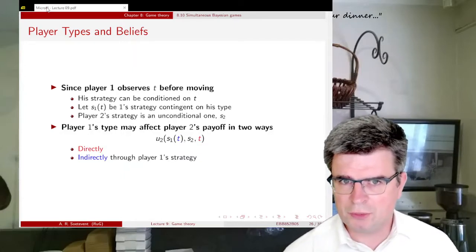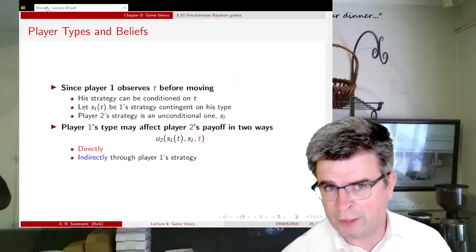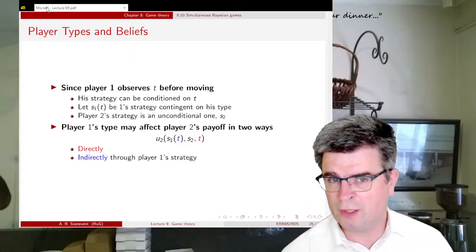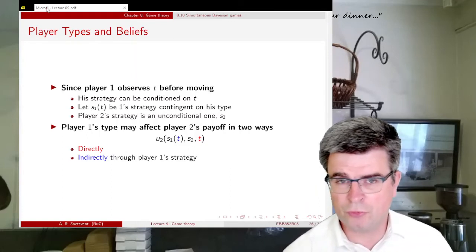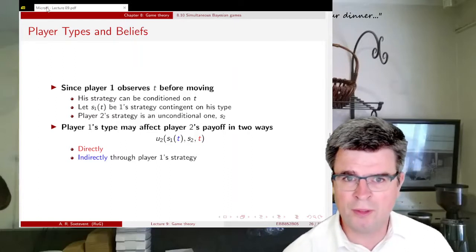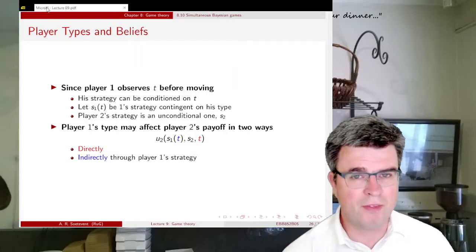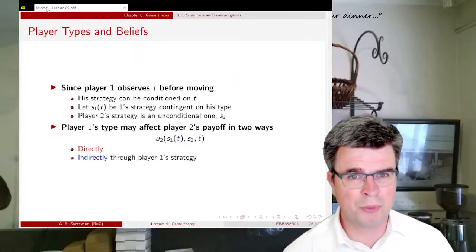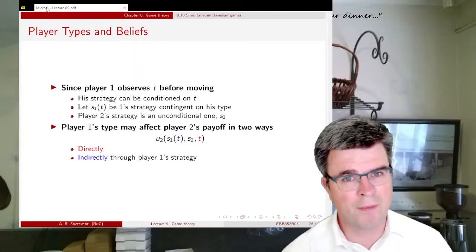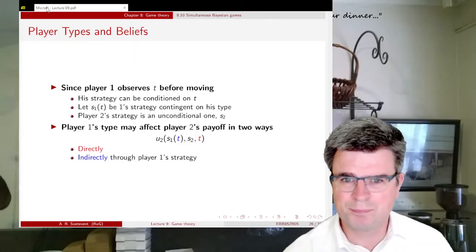This is also the situation where I, as an instructor, need to find out whether students cheat. I don't observe whether a student is of the cheating type or not, but I do have some idea of the probabilities, saying, for example, that maybe 10% of all students are of the cheating type and 90% are of the sound non-cheating type.